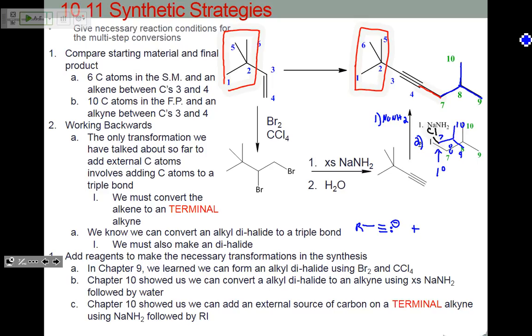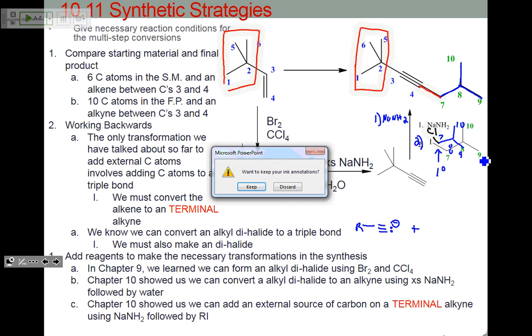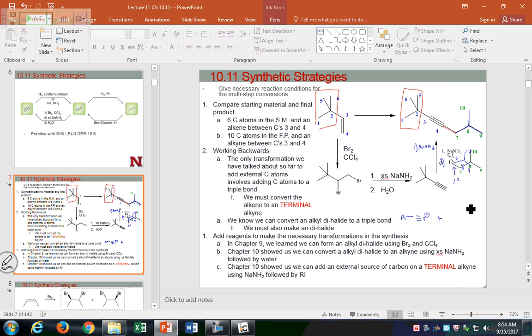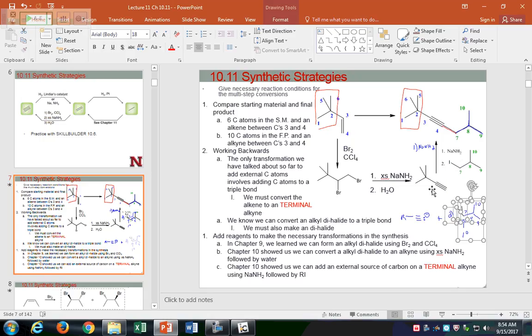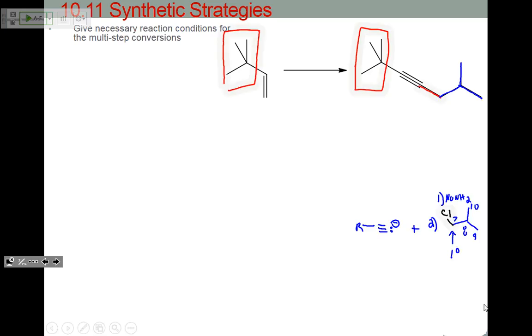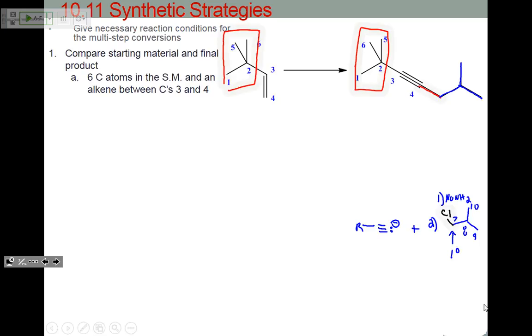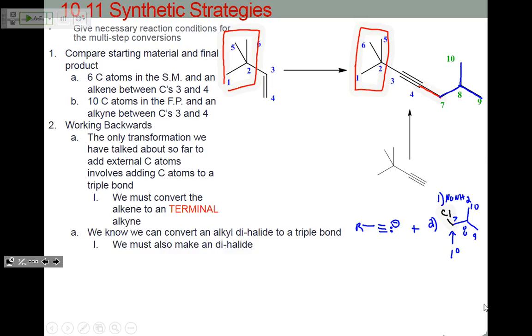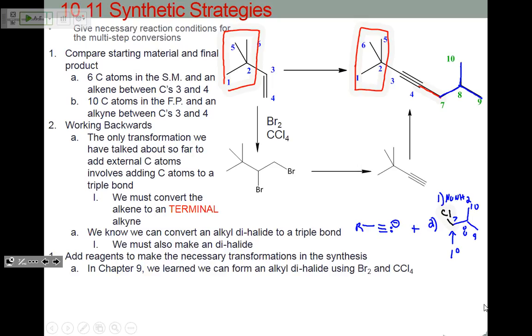And it doesn't really matter if your alkyl halide, here I have it drawn as chlorine, and then in the drawing that I already had in there, I have it drawn as iodine.